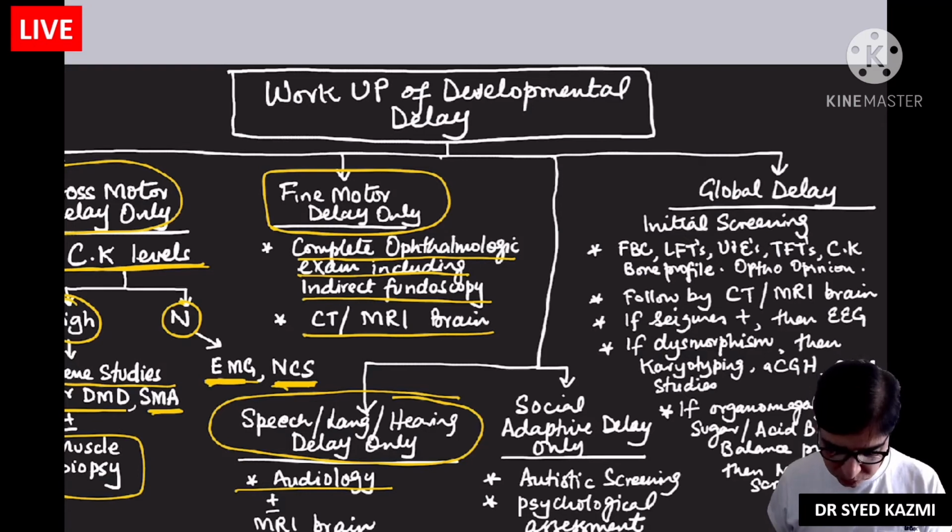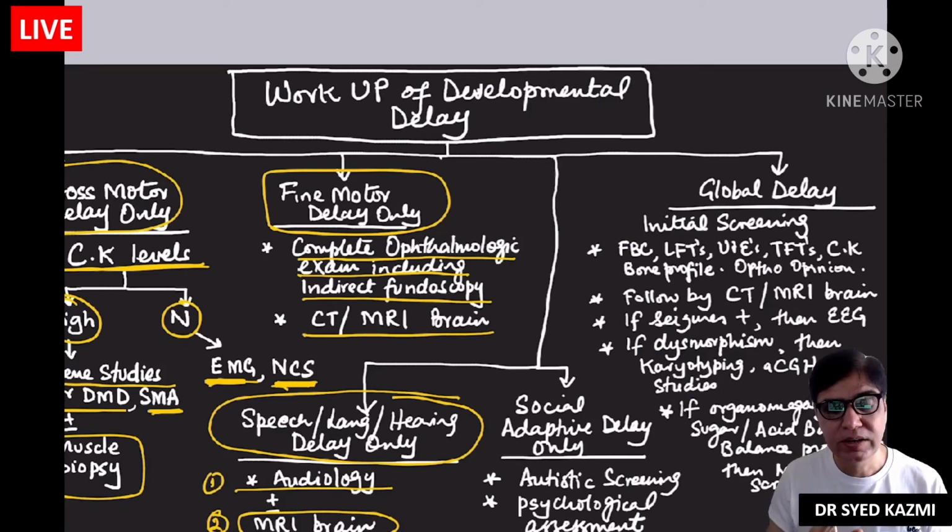Plus minus, if you find sensorineural deafness on audiology, to see what's causing it, an MRI brain would be helpful. If there are internal lesions responsible for deafness or for language areas, like parietal lobe lesions, congenital or acquired, they would be picked up on MRI. So for speech, language, hearing domain defects, where the defects are only localized to this domain and the rest of the examination is fine, you would go with audiology and an MRI brain.